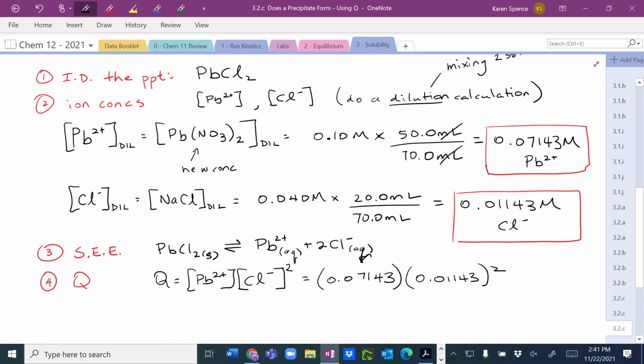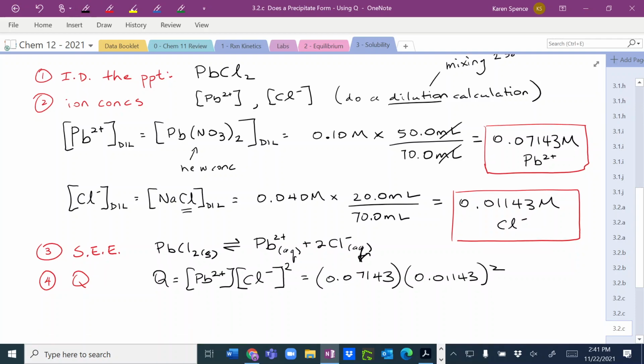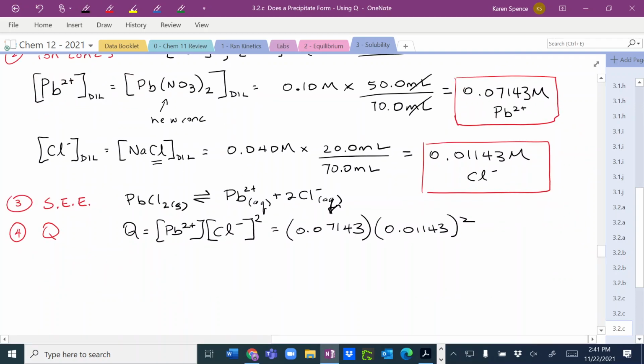Because it's coming from sodium chloride, which only has 1 chloride. It's not coming from lead chloride, which has 2 chlorides. Okay? So we do that and we get 0.01143 squared times 0.07143 equals 9.33 times 10 to the minus 6.